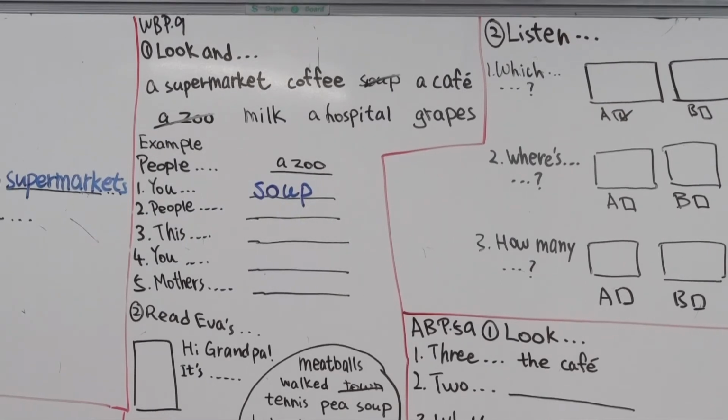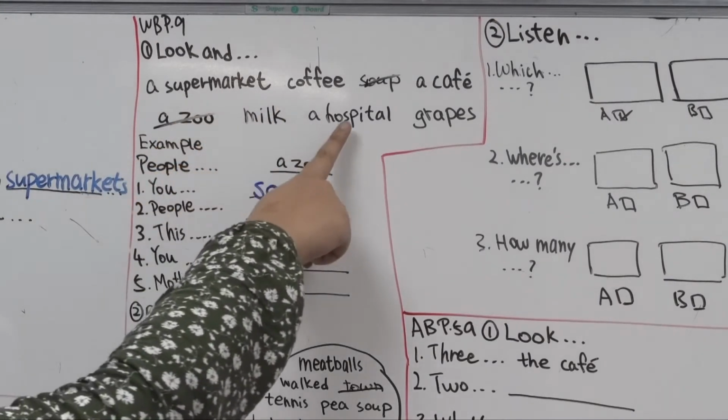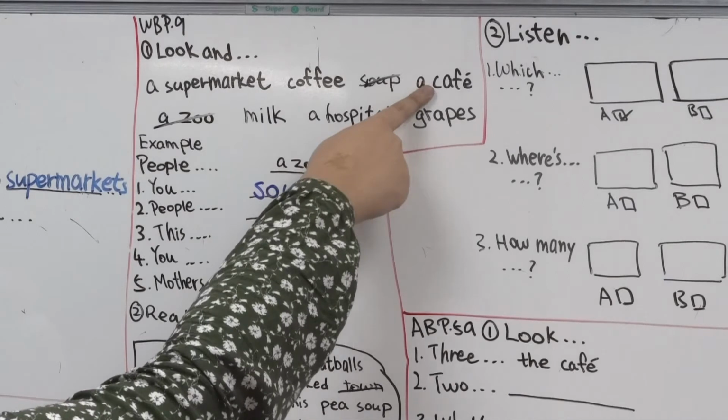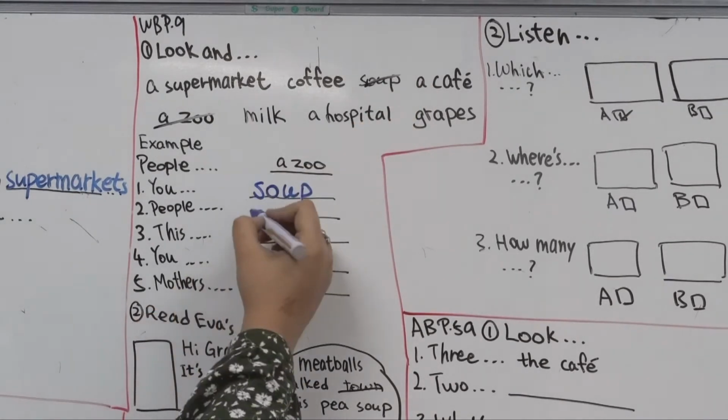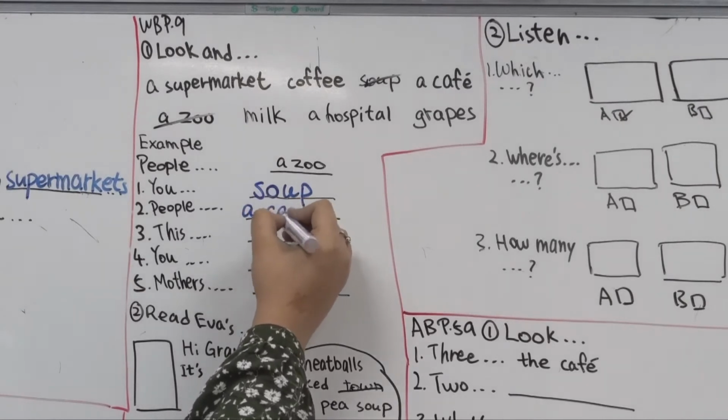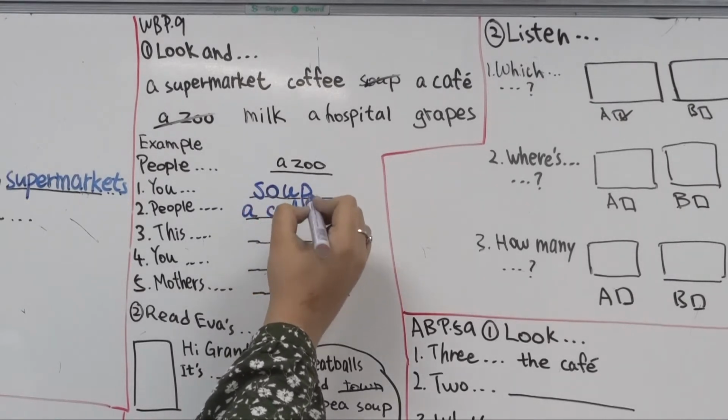Supermarket, coffee, a cafe, a hospital. So there are only 3 places left: a supermarket, a hospital, and a cafe. So which one is suitable? A cafe, yes, where you can have a drink, right? Great.